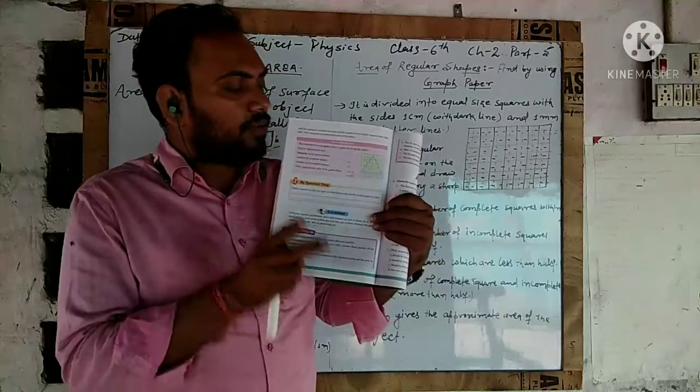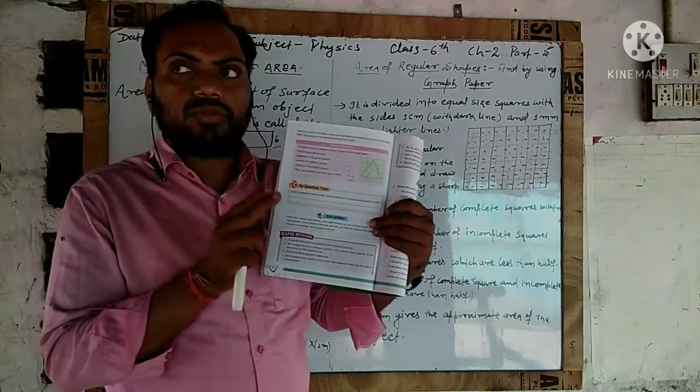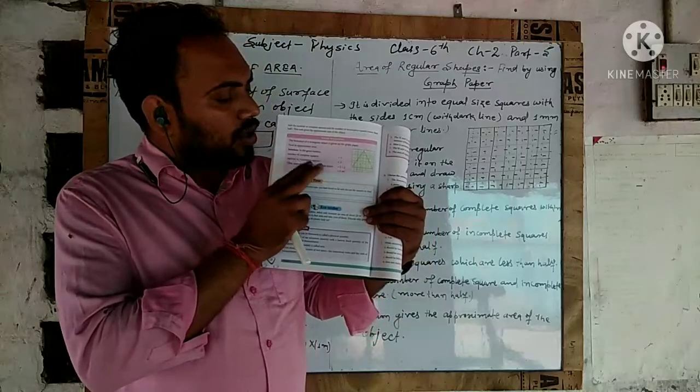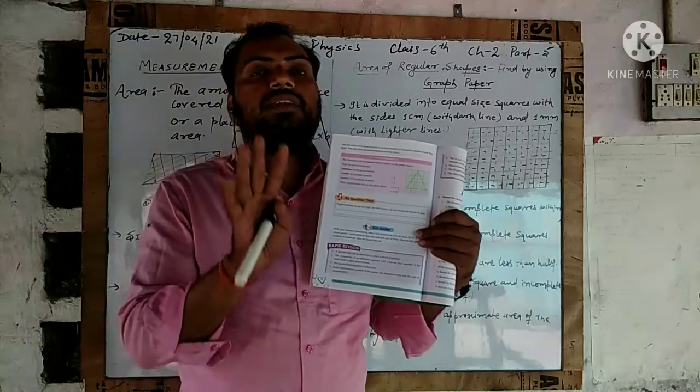It has found that there are two complete squares inside the outline of the triangle, and two squares which are more than half present in the outline. By adding these 2 and 2, it has got the area of 4 centimeter square.